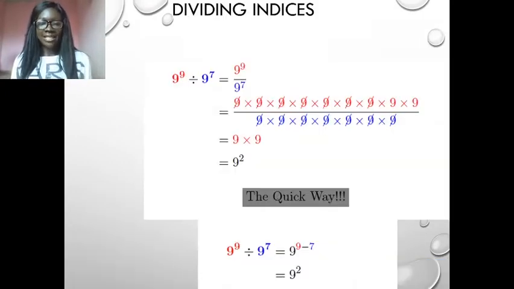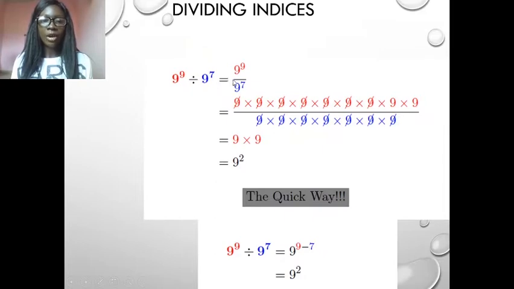Okay, let's see more examples. This example I drafted out from the note I sent to you in your Google Classroom. A lot of you were saying you don't understand division, so listen very carefully now. So here I have 9 to the power of 9. We pronounce it that way. Divide by 9 to the power of 7.